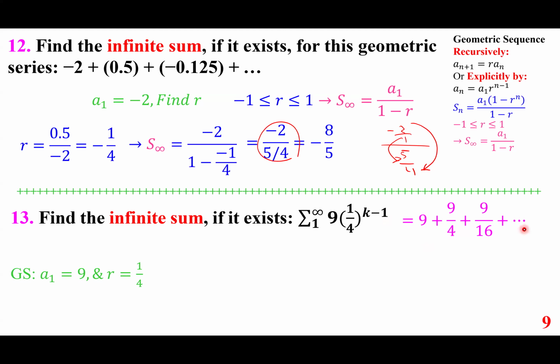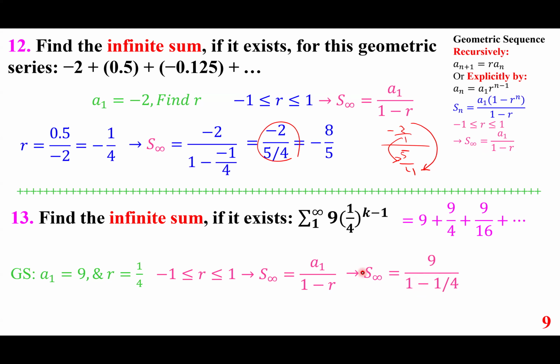Because this 1/4 is a number between -1 and 1, we can go with this formula. So let's plug in. So what happens when we plug in?